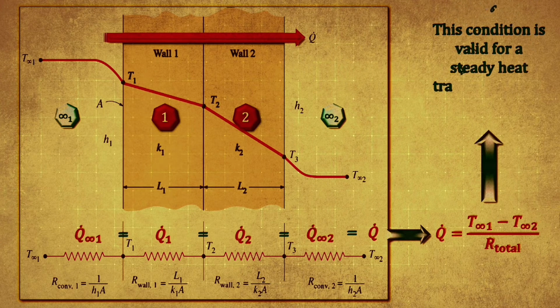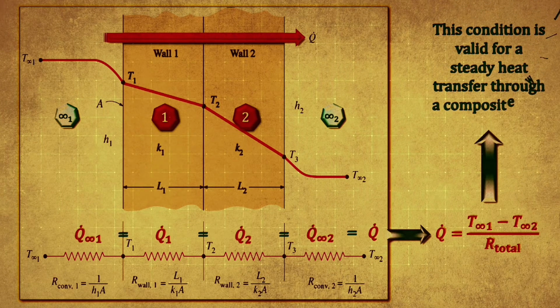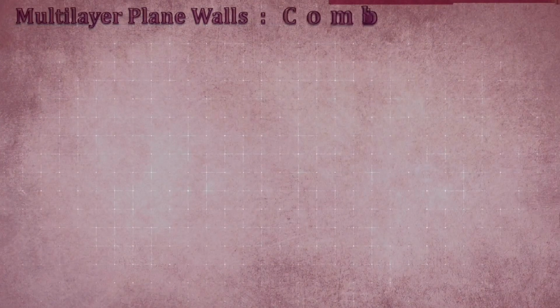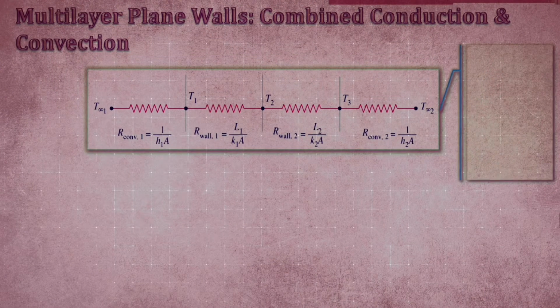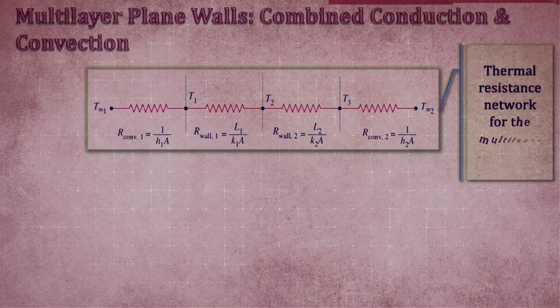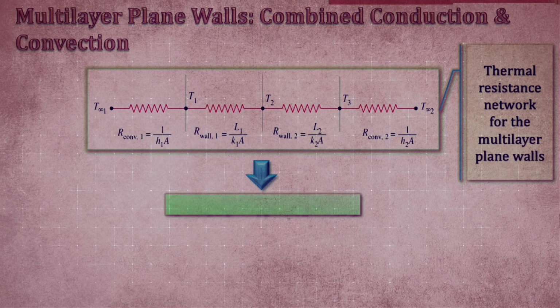Thus, the total thermal resistance is simply the arithmetic sum of the individual thermal resistances in the heat transfer path. This result can be extended to plane walls consisting of 3 or more layers by adding an additional resistance for each layer.